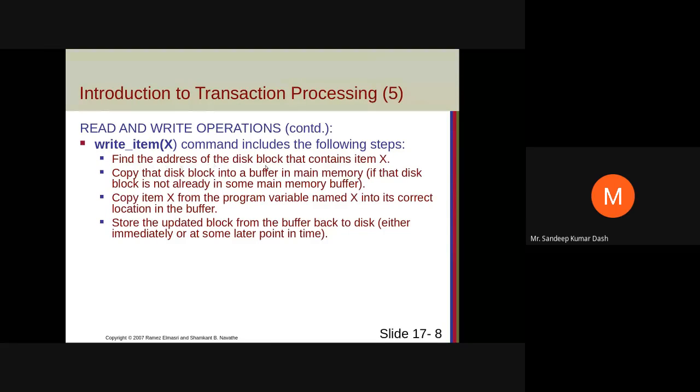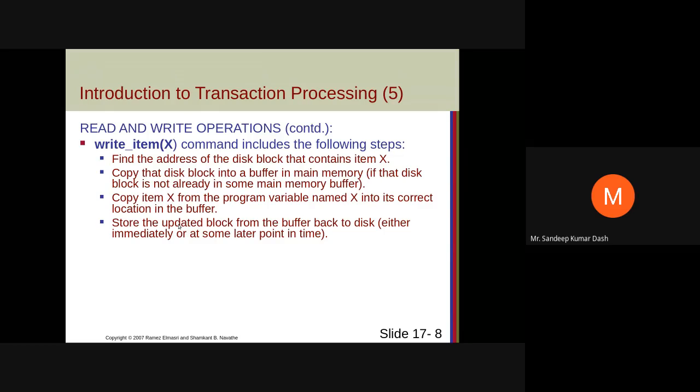First you have to search the location X from the memory, then copy that box onto the buffer. Then copy the program variable from the program location to the buffer. Then write the buffer content to the store, the secondary memory or a hard disk, whatever.